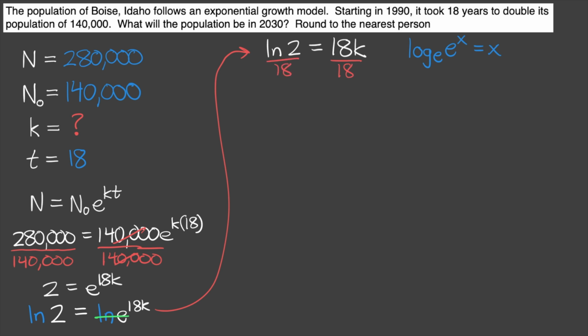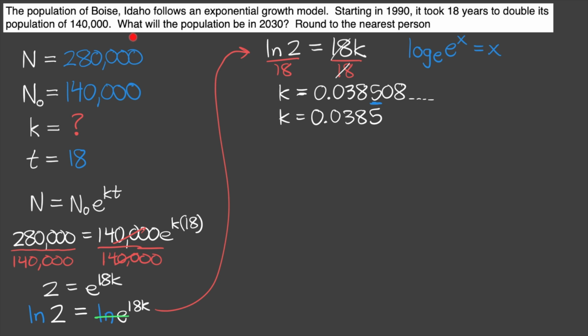Now if we do this on our calculator, k is going to equal 0.038508. This goes on forever. And we'll just round this number to 4 decimals because this is not our final answer. This is just going to help us eventually get our answer. So we'll go ahead and round to the 5. Notice there's a 0 after it, so the 5 will just stay a 5. So k is equal to 0.0385. So we'll use that k value going forward.